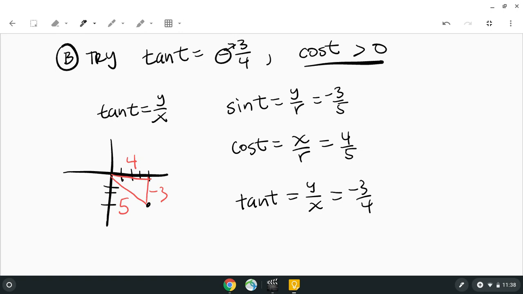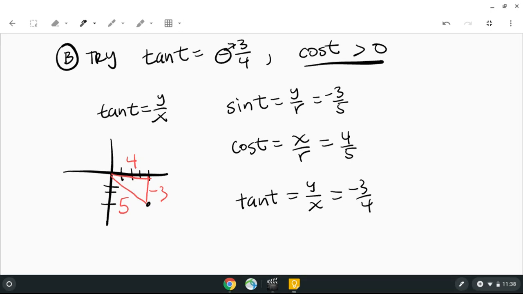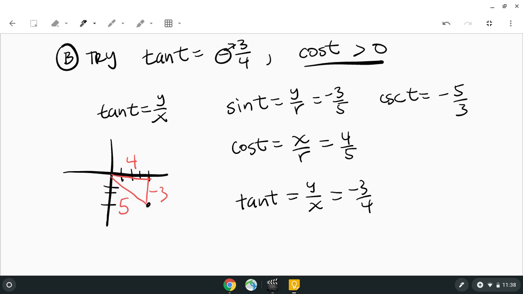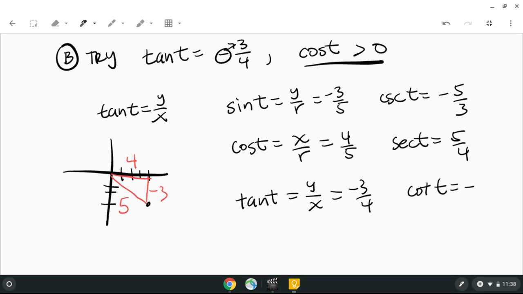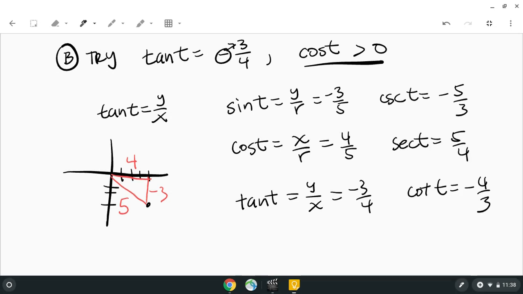Okay, and then the other 3 are just the reciprocals. So cosecant t is -5 over 3. Secant t is 5 over 4. And cotangent t is -4 over 3. Okay, so hopefully you guys got those right.